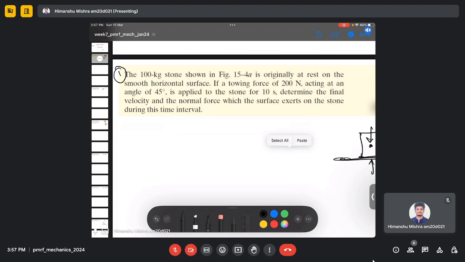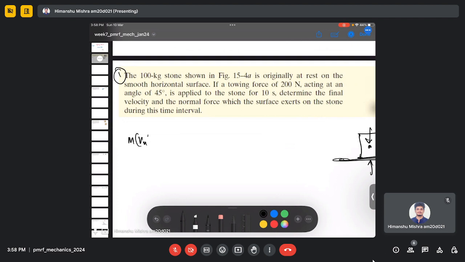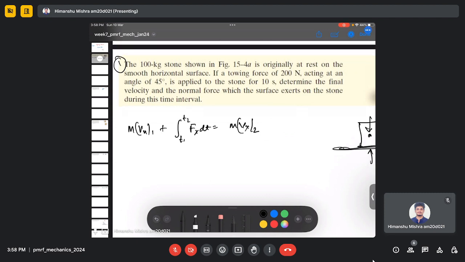If I apply the conservation equation in the x direction, this is my equation. First we need to model the impulsive term, because the force is 200 Newton over the time of 0 to 10 seconds.